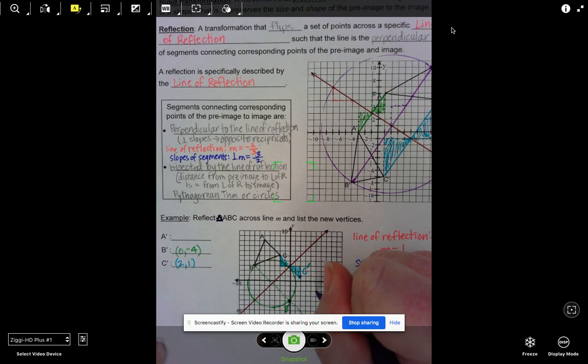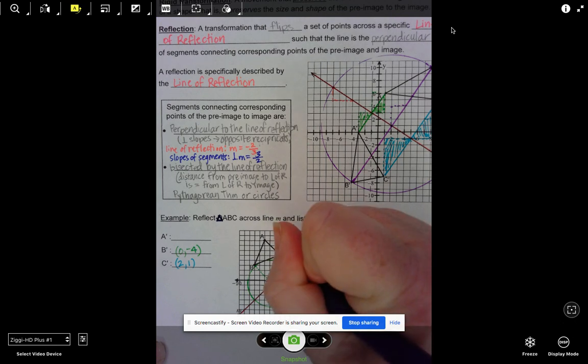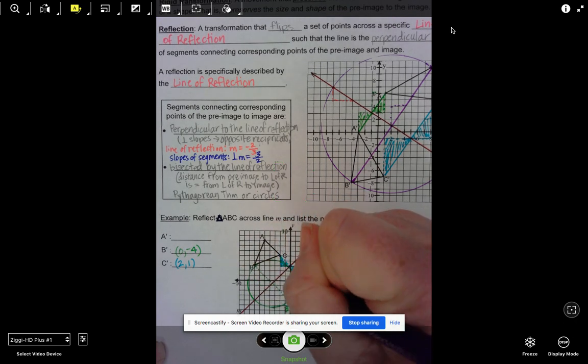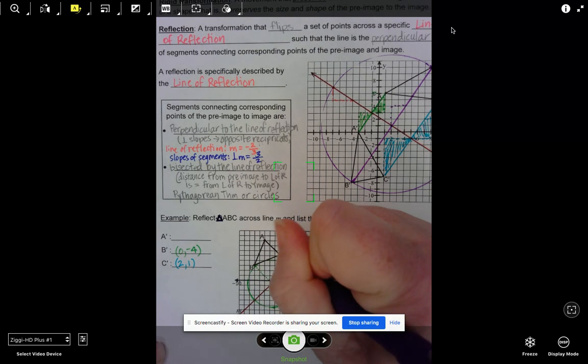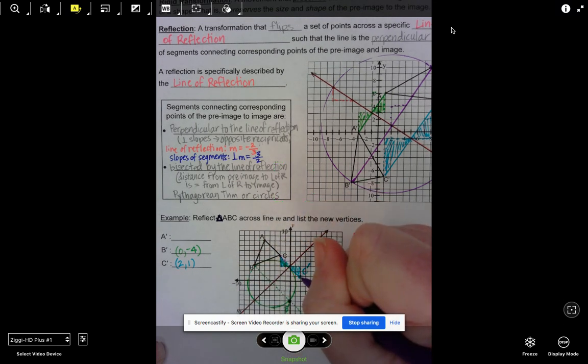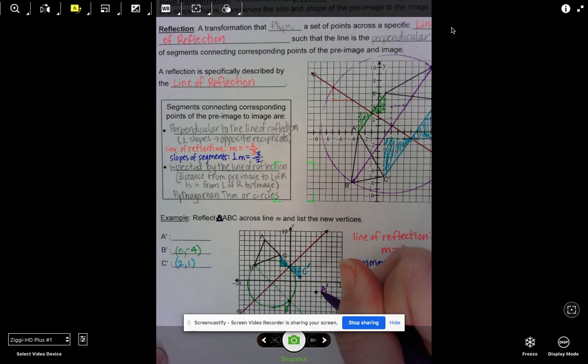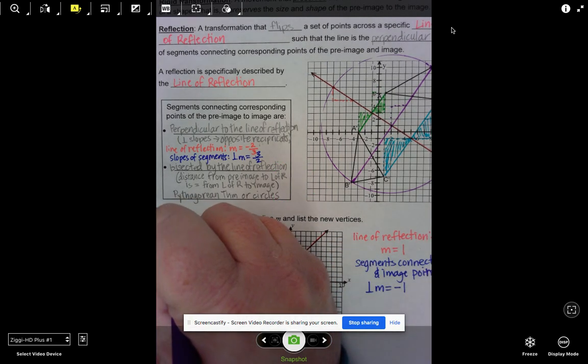I know that my A is going to go right here because it's on that -1 slope, which is what this slope has to be. So this is all in one line, which means that I can continue that to get here. Okay, so my A prime is at 5, -2.